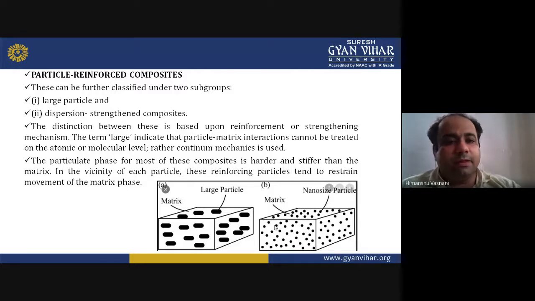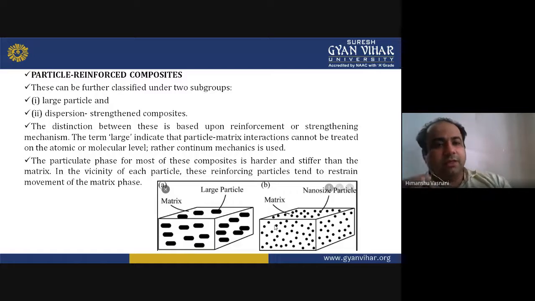The distinction between these is based upon reinforcement or strengthening mechanism. So the term large indicates that the particle matrix interactions cannot be treated on the atomic or molecular level. Rather, continuum mechanics is used.